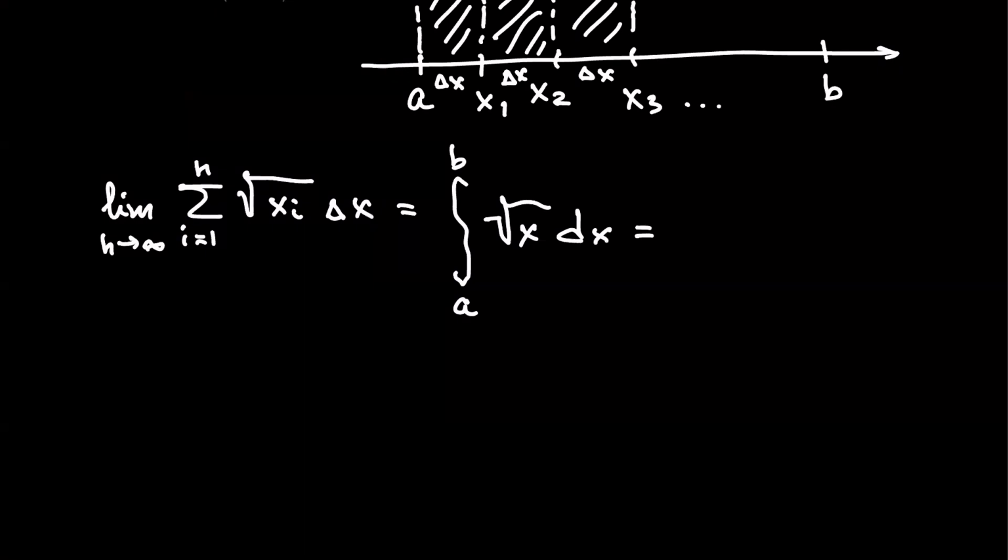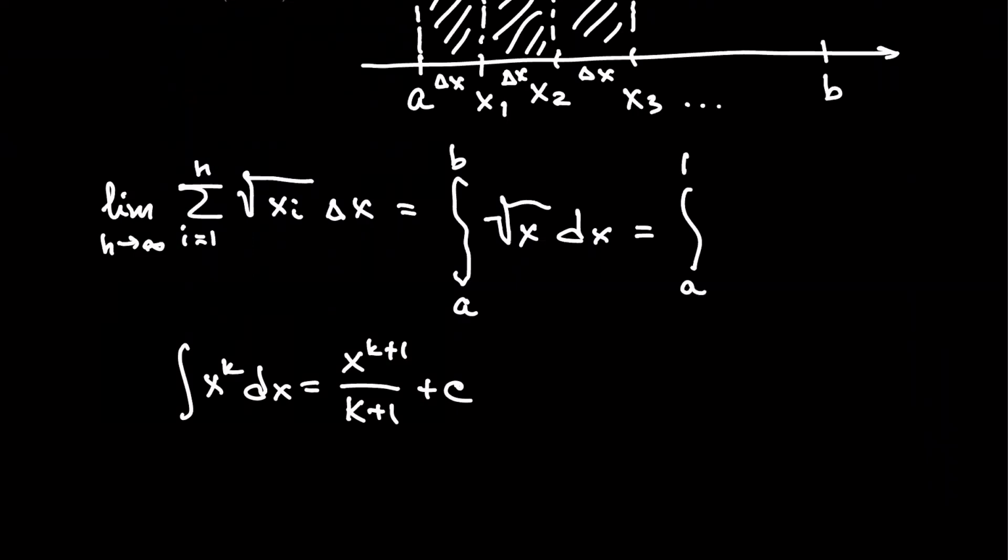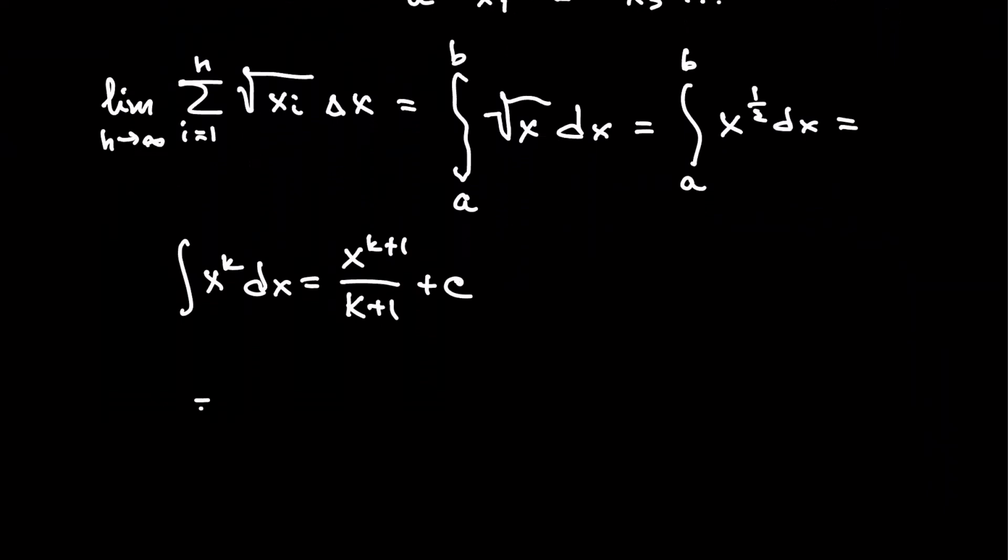So we need to find this integral, and that's pretty simple. We need to recall that the integral of x to the k dx is equal to x to the k plus 1 over k plus 1 plus a constant. So this is the integral from a to b of the square root of x, which is x to the 1/2 power, dx. So this is equal to x to the 3 over 2 divided by 3 over 2, evaluated at points a and b.